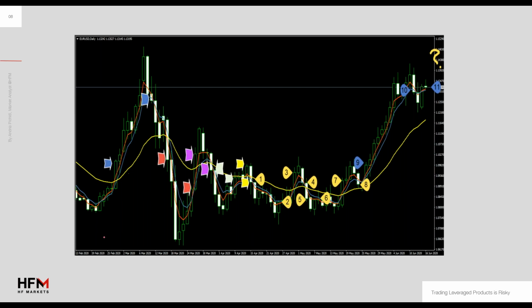So you can enter the market by checking the 21 EMA. If the price closed above the 21 exponential moving average, like here, you can enter long. If it has closed below your 21 moving average, like here, you can enter the market short.